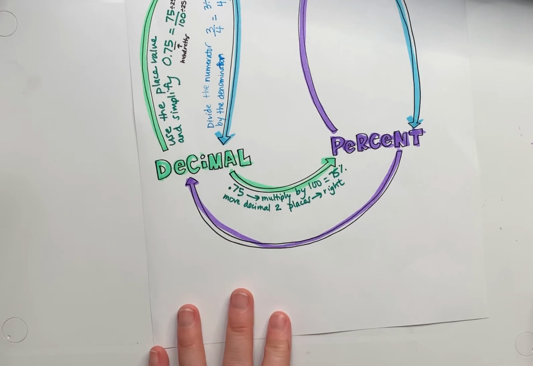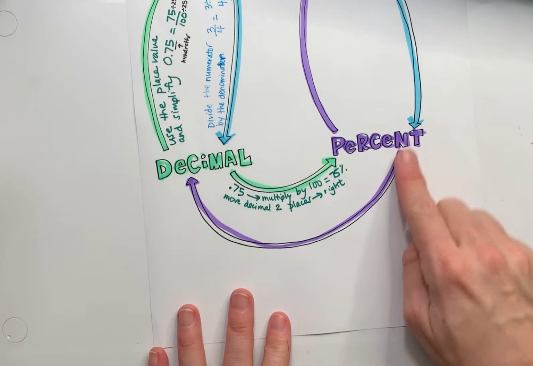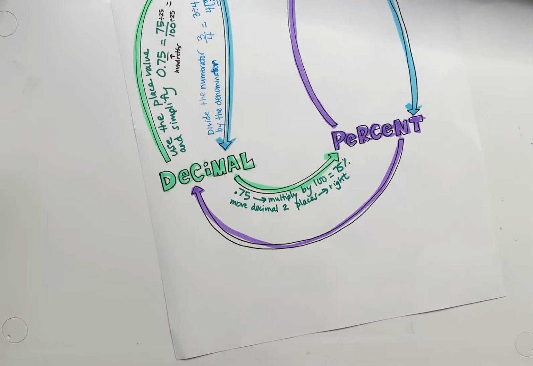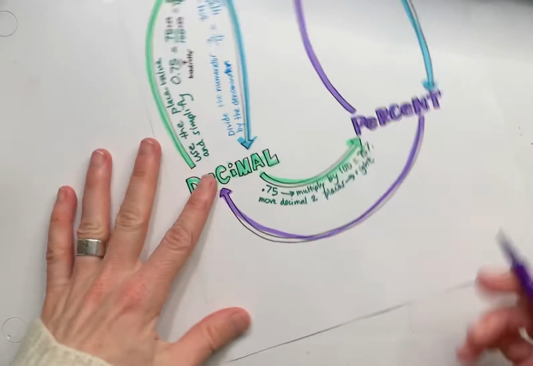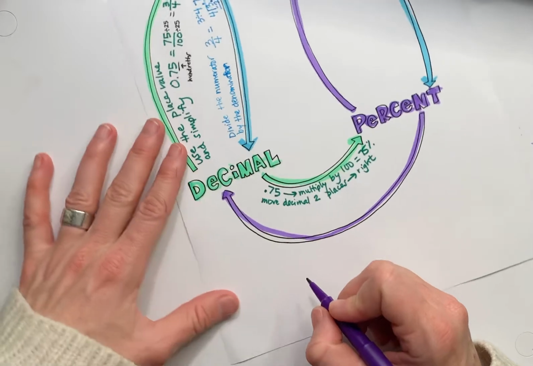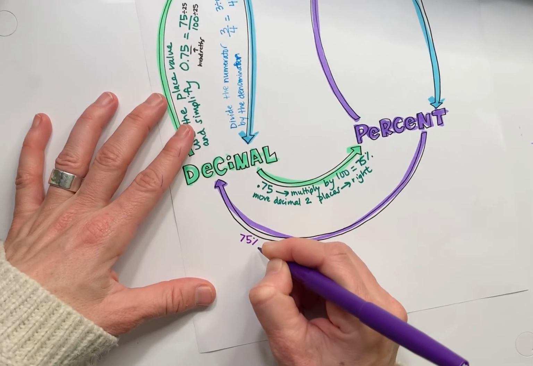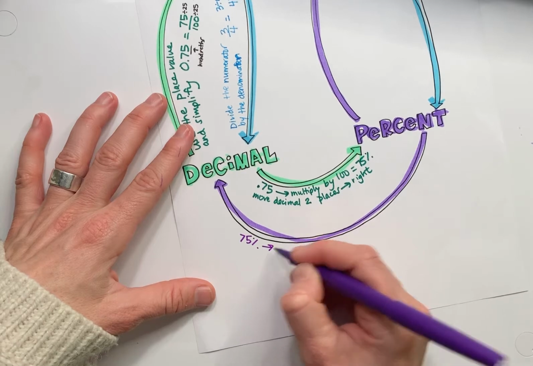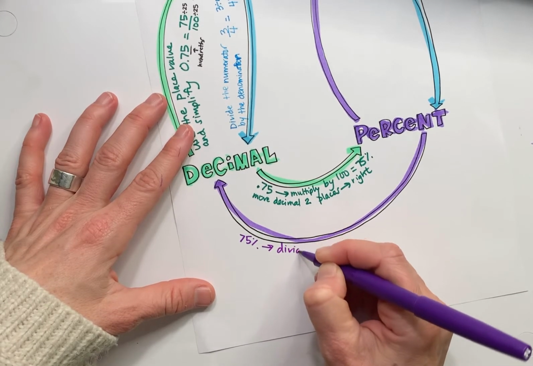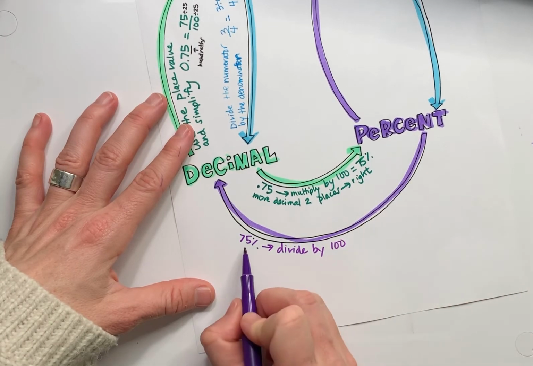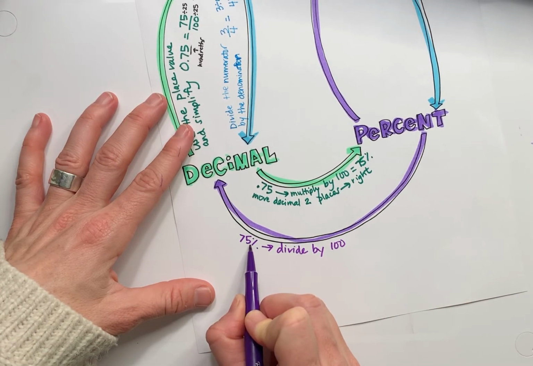And then, let's do now a percent back to a decimal. So let's say you're starting with, this time, 75%. You are going to divide by 100. So you have that 75, and you know the decimal point is there.